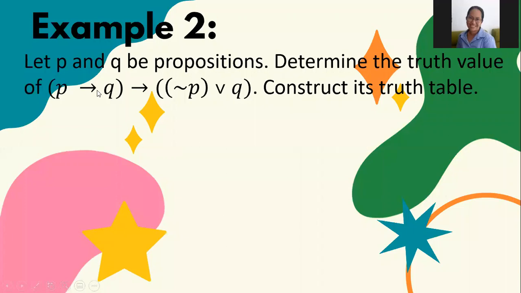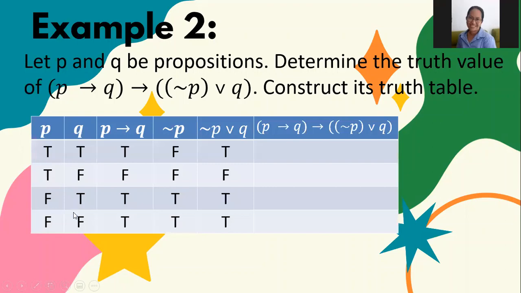Determine the truth value of P, if P then Q, then the negation of P or Q. Construct its truth table. Basically, the two propositions are just P and Q. So you need to start again with the first two columns that we had with the first example, with the same values of T and F. And then performing this first operation, which is the if-then statement.